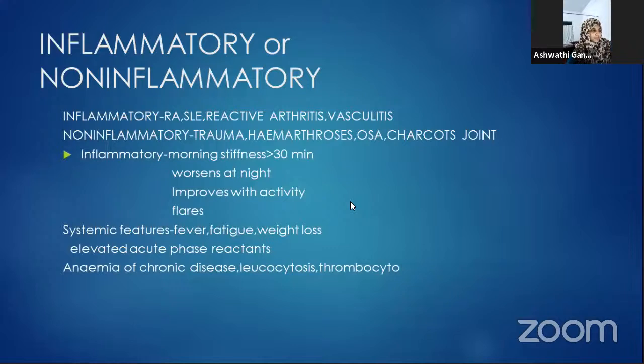There can be flares. There are systemic features like fever, fatigue, weight loss, and acute phase reactants can be elevated. A full blood count shows anemia of chronic disease, leukocytosis, thrombocytosis, or raised ALP. Then, sequence of involvement: there are intermittent attacks in gout, Behçet's, and Reiter's disease. Additive involvement of joints is seen in rheumatoid arthritis, spondyloarthritis, osteoarthritis, and psoriasis.